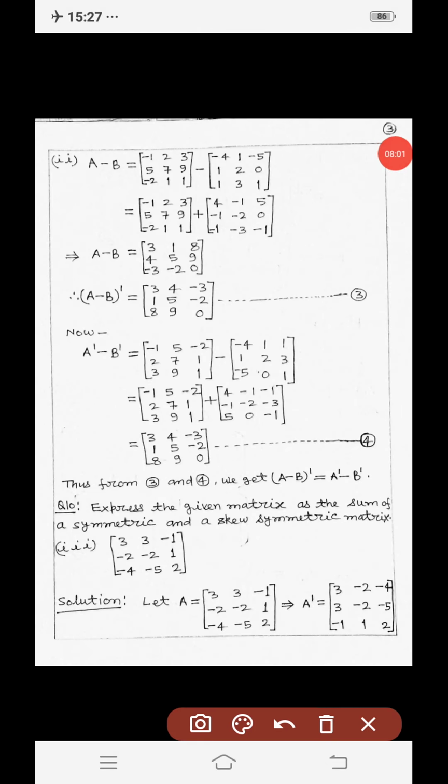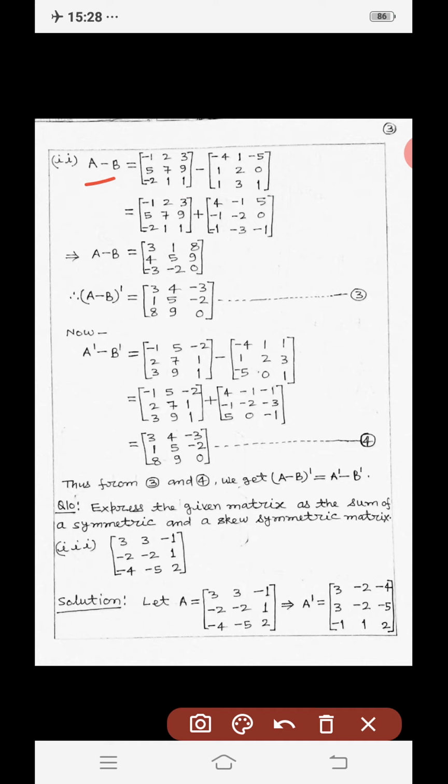Now, A minus B equal to [-1, 2, 3; 5, 7, 9; -2, 1, 1] minus [-4, 1, -5; 1, 2, 0; 1, 3, 1].